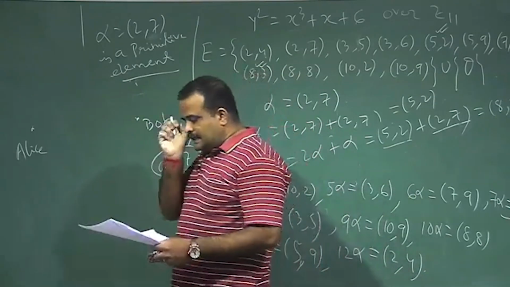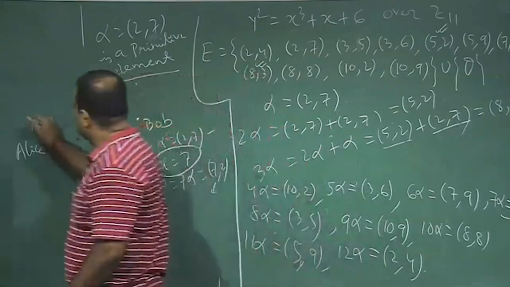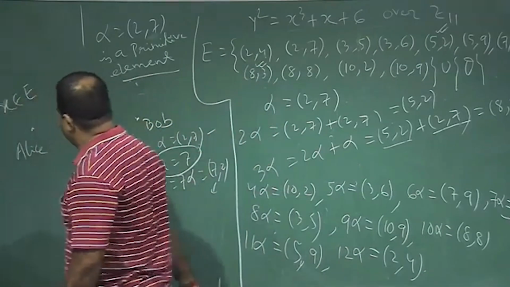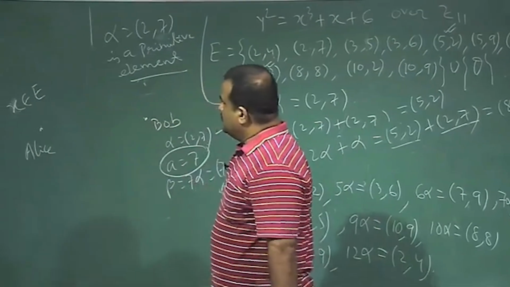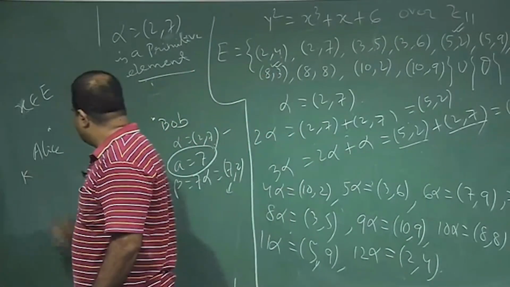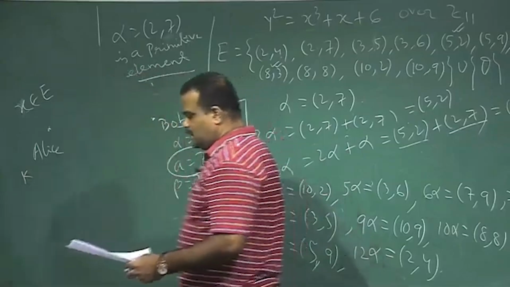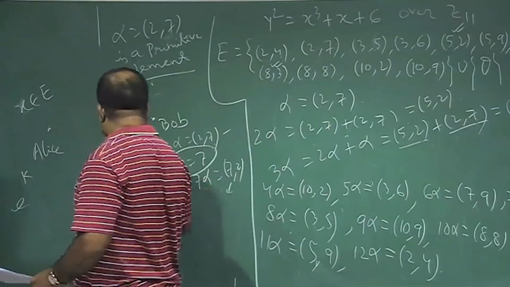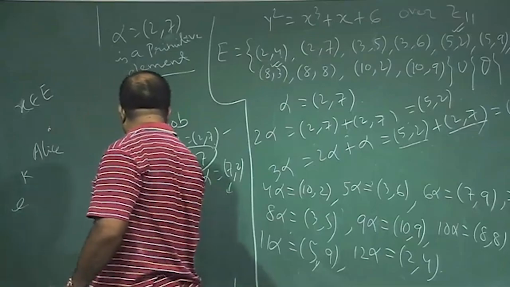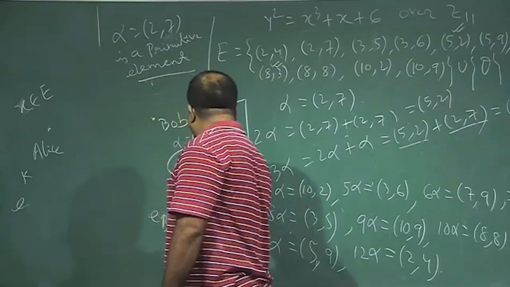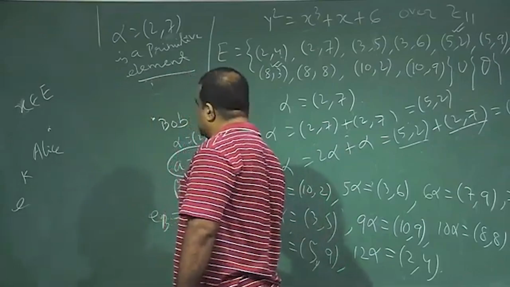Now suppose Alice wants to send a message X, which is an elliptic curve point in E. So Alice wants to encrypt. Alice has to choose also a K, which is a random number. Alice will encrypt using Bob's public key, which is basically EB: alpha, beta, and obviously the elliptic curve.